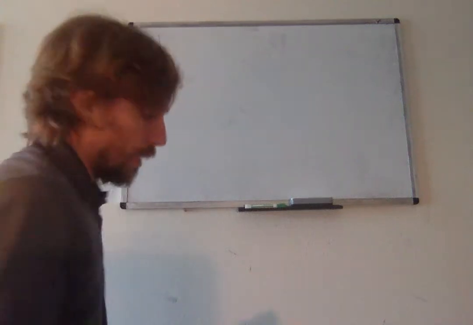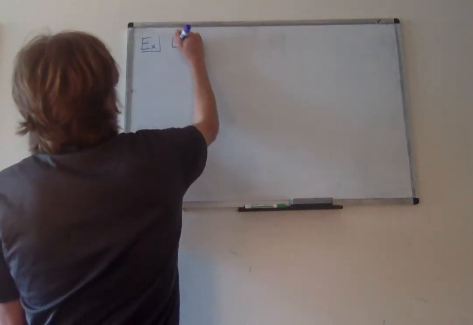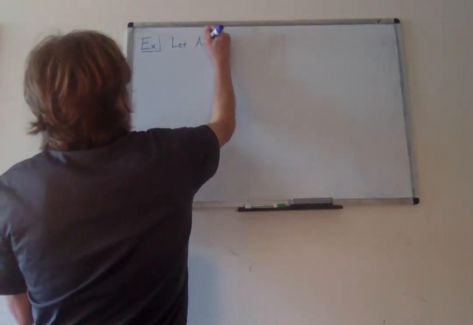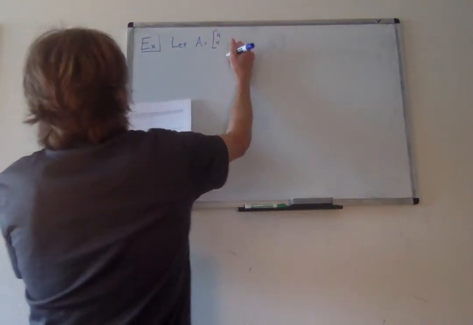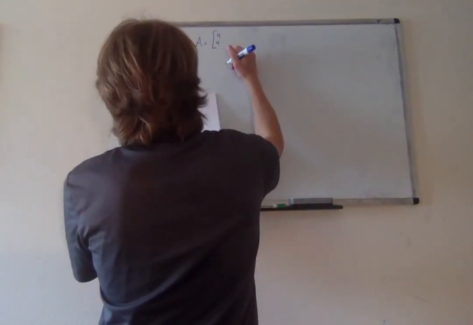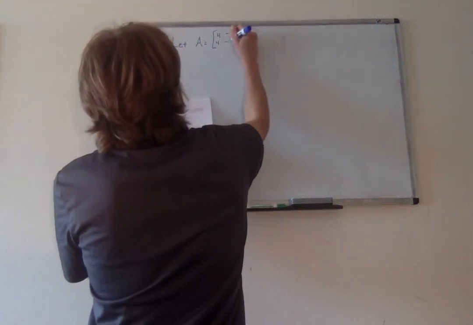So now we're going to look at the matrix A equals [4, 4; -9, -8].